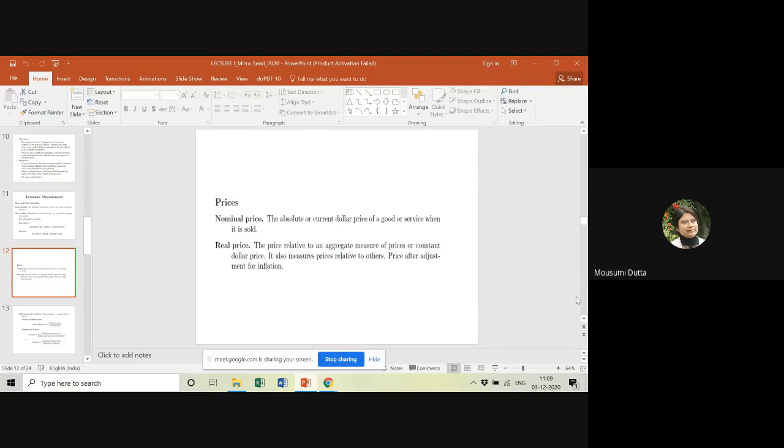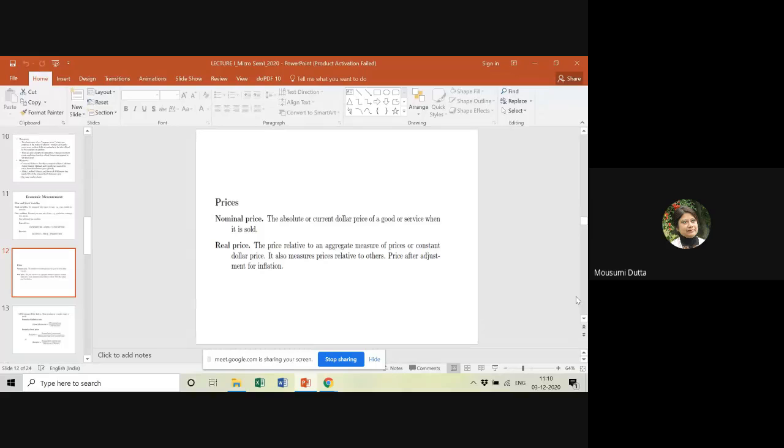There is another concept which we call the real price. Real price is the adjusted price. It is adjusted by the inflation rate. Okay. Now, this adjusted price is also a relative price because you are adjusting it with respect to the inflation rate.